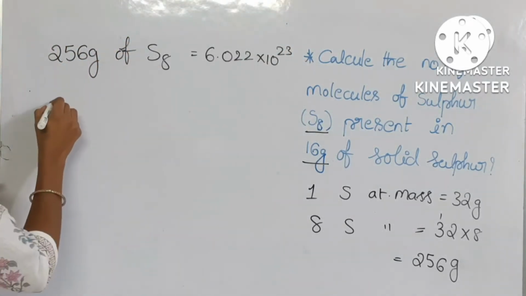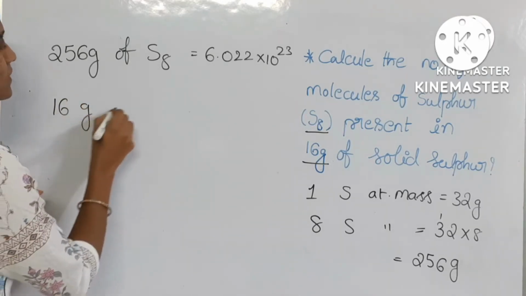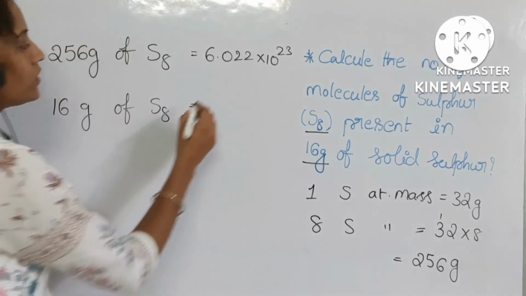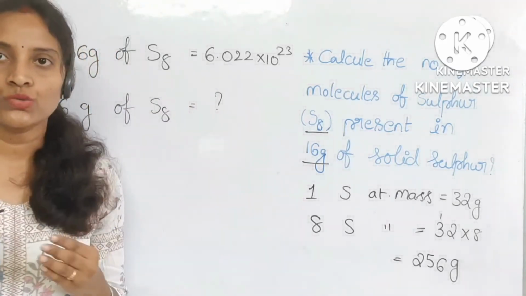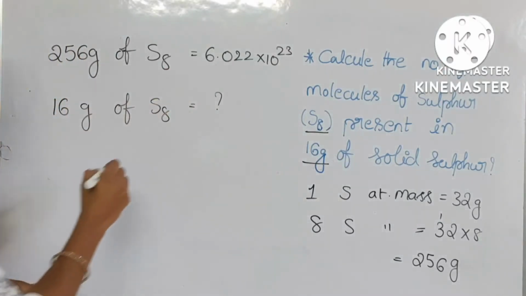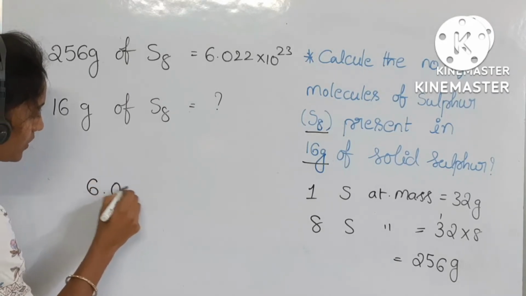So what is the number of molecules present in 16 grams of solid sulfur? Here also, same as usual in previous cases, you can do cross multiplication, then you will get your answer.